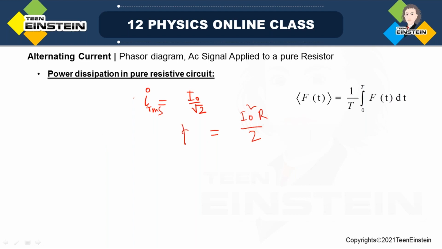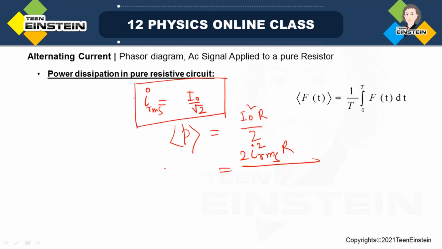Now we'll replace I0 squared in terms of RMS: I0 squared is 2 into I RMS squared. This is the relationship between RMS value and the amplitude.